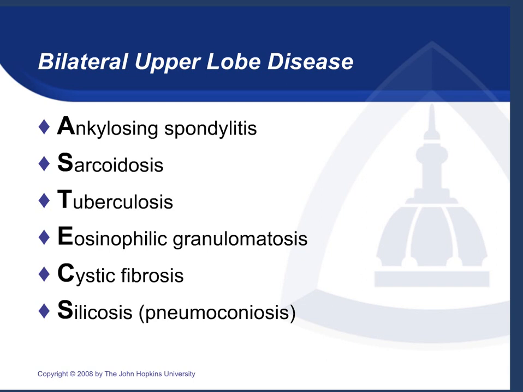It'll show reticular, linear opacities in the upper lung fields, usually in a man. Sarcoid is a disease predominantly when it involves the interstitium of the lungs, an upper lung process. Tuberculosis, eosinophilic granulomatosis, cystic fibrosis, and silicosis. Okay, so commit that mnemonic to memory, and then you'll be correct 75% of the time.